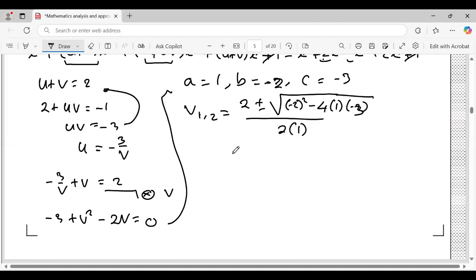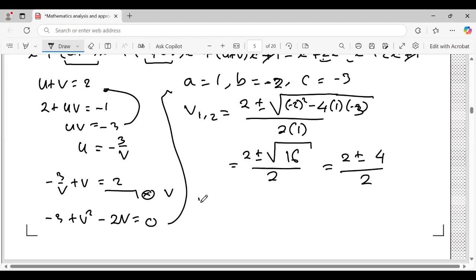This is 2 plus or minus the square root of 16, which is 4 plus 12. So 2 plus or minus 4, so v1 equals (2 plus 4) divided by 2 equals 3, and v2 equals (2 minus 4) divided by 2 equals minus 1. Okay, let's continue.